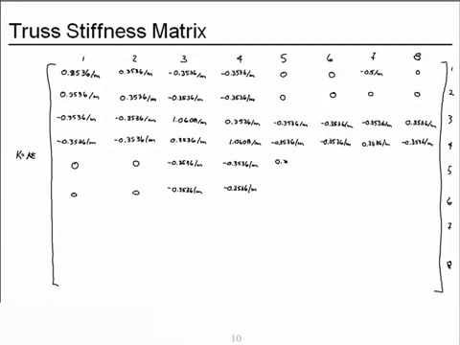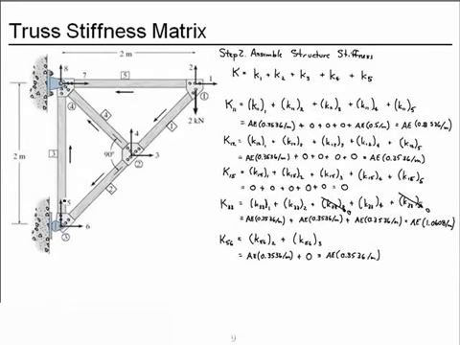And when we add those up, we get 0.8536 per meter, 0.3536 per meter, which we had calculated on the previous slide, 0.3536 per meter, and 0.3536 per meter.